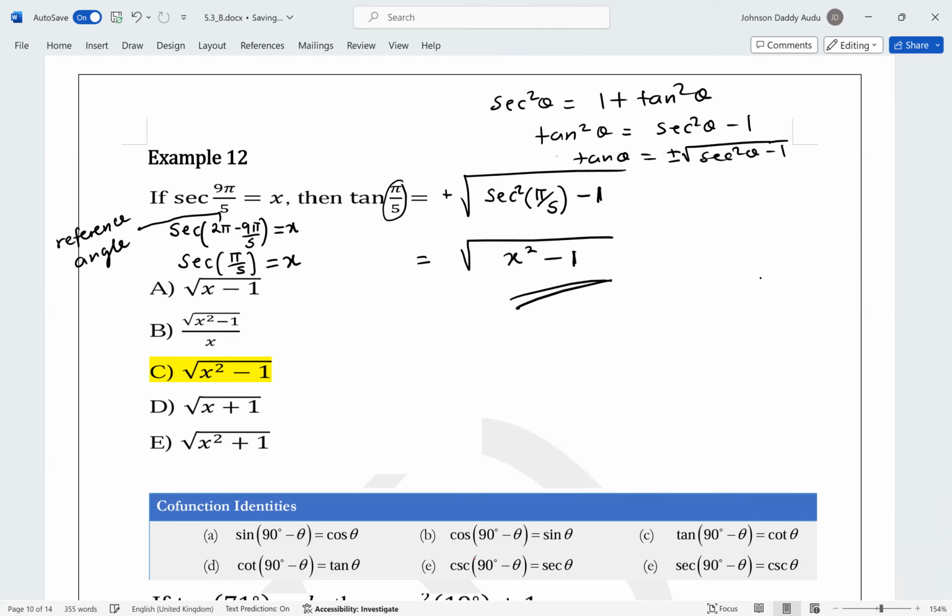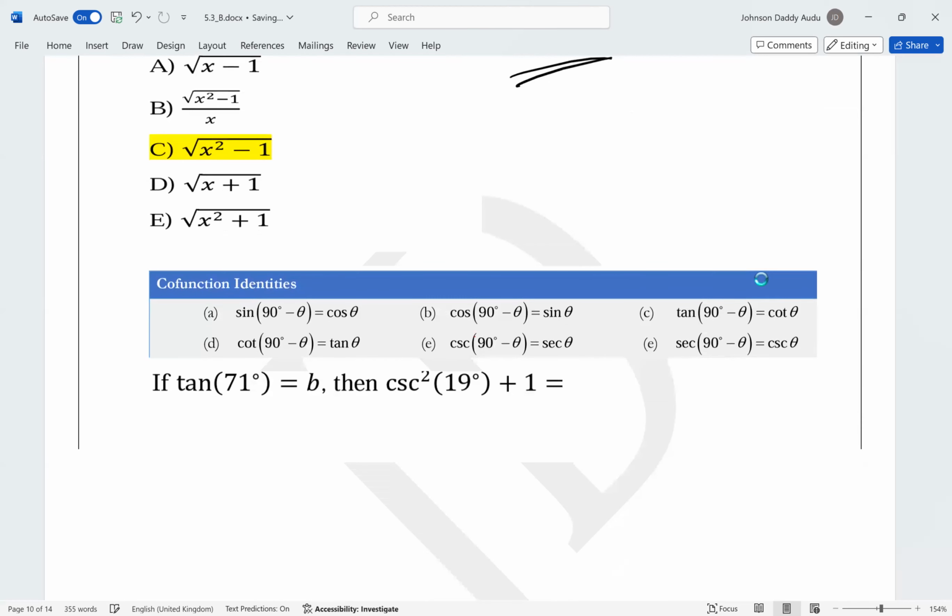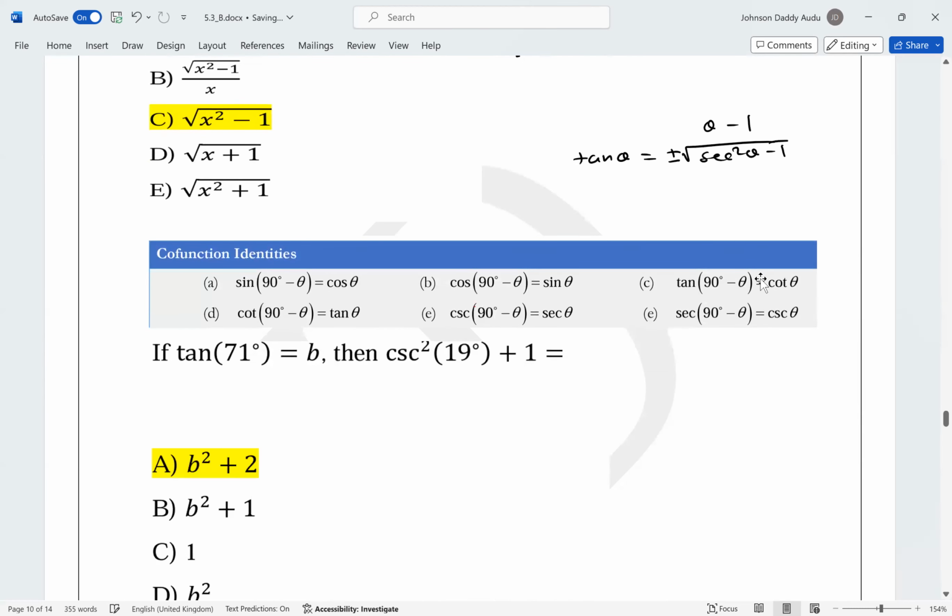Okay, all right. Now we talk about co-function identity. Co-function identity is also very important. There is always a co-function identity between sine and cosine. So sine of 90 minus theta is the same thing as cosine of theta. Also, there is a co-function identity between tan and cotan.